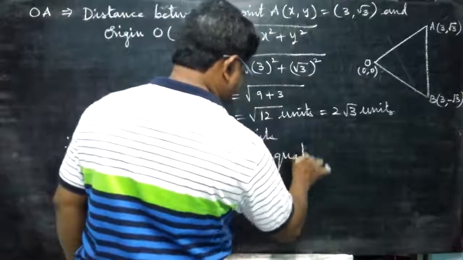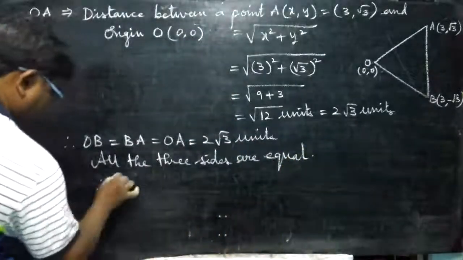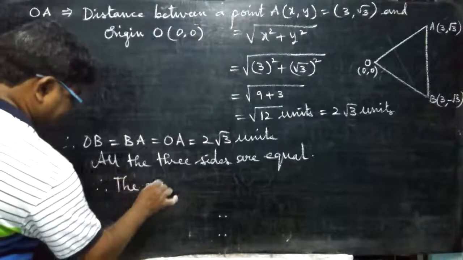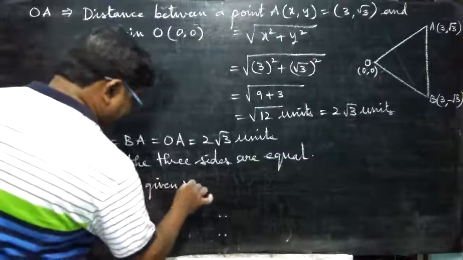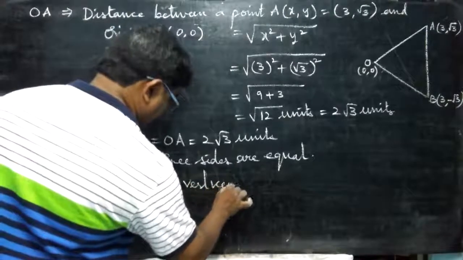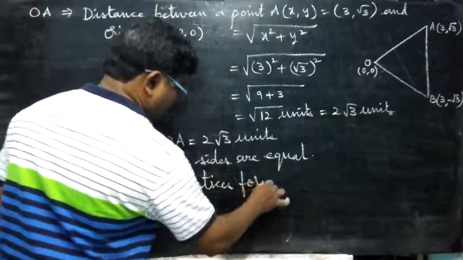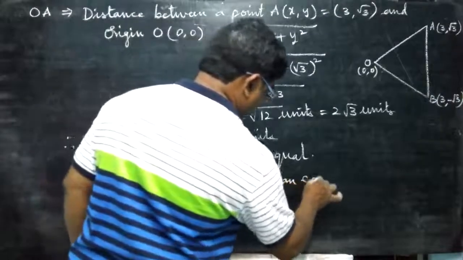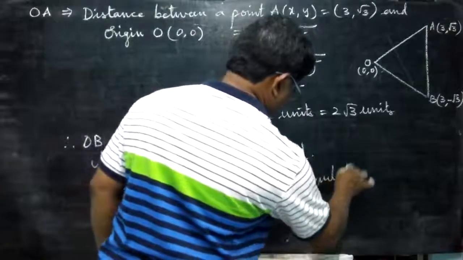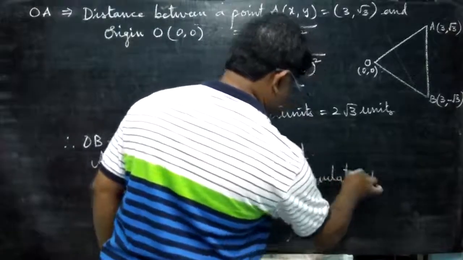If all three sides are equal, therefore the given vertices form an equilateral triangle. This is the conclusion. You have to mention clearly.